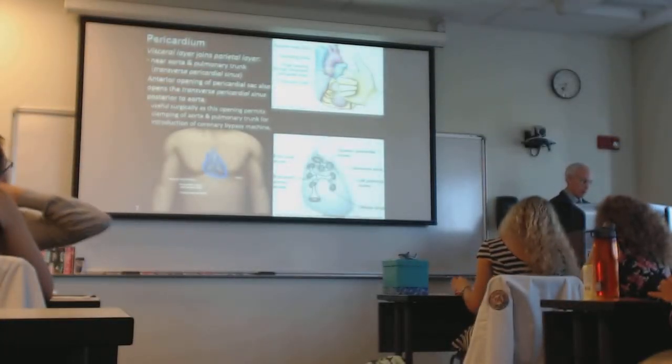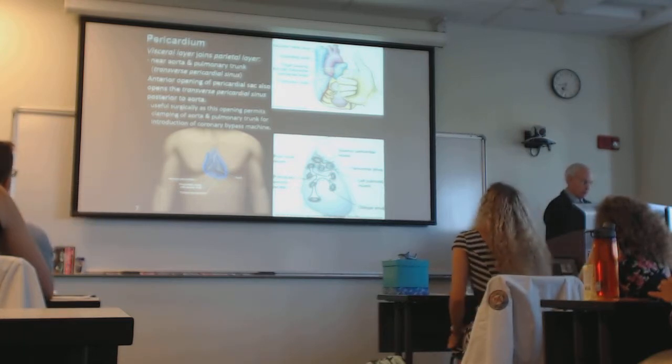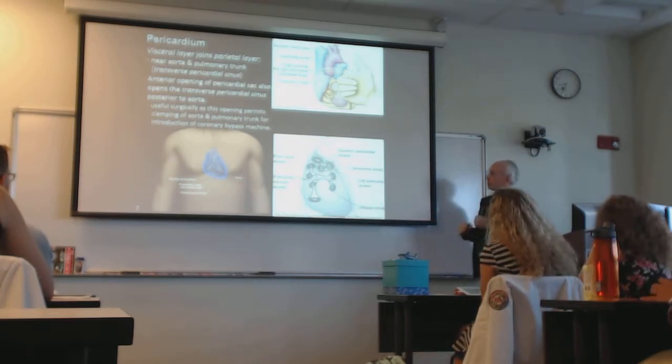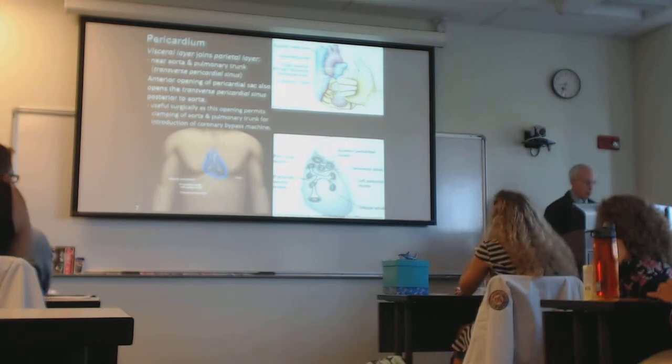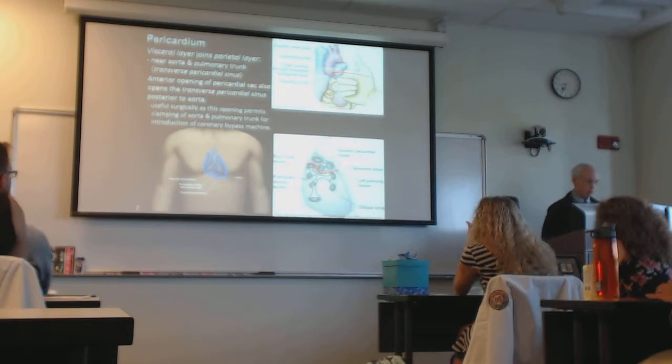Superiorly, and the anatomy of this is much more complicated than we need to get into, where the two components of the membranous pericardium come together, there's a little opening, and you can see the trajectory of that opening there, and the individual introducing their finger into that opening.